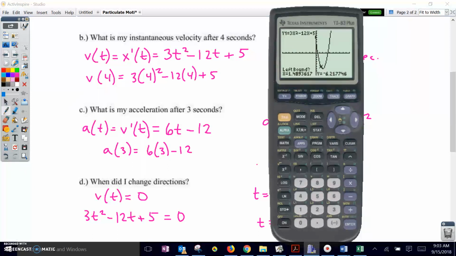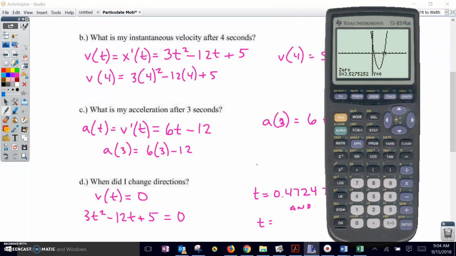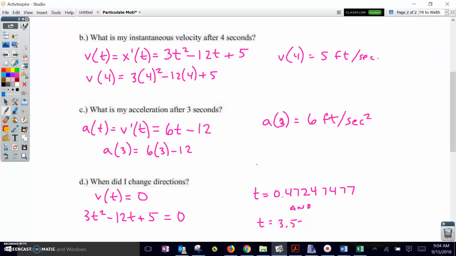And so I'm going to go ahead and find that one. We get 3.5275252. Okay, so those are the times when I change directions.